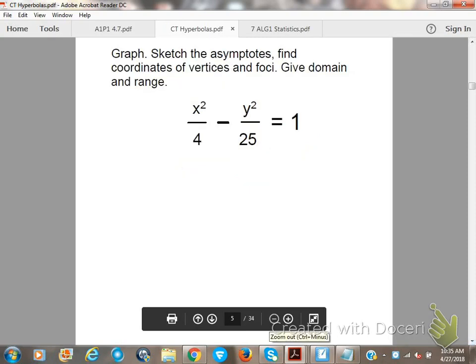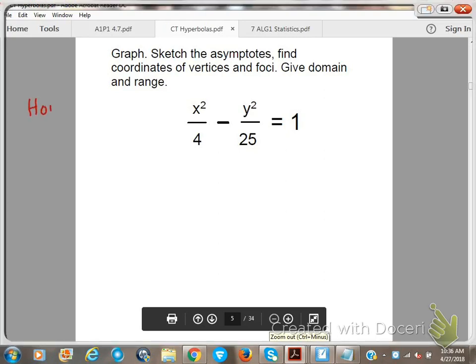Based on the equation, is this going to be a horizontal or a vertical? Horizontal, which means we're going to have our hyperbolas opening left and right, away from each other. Tiffany, what is in the a squared spot? 4. A squared is 4, which means, what is a? 2.